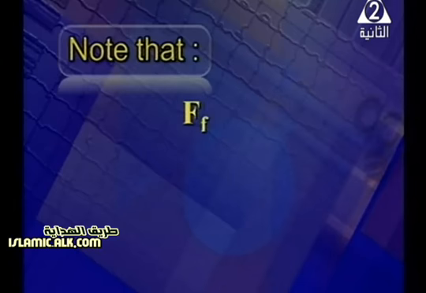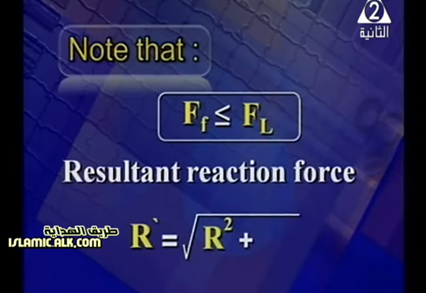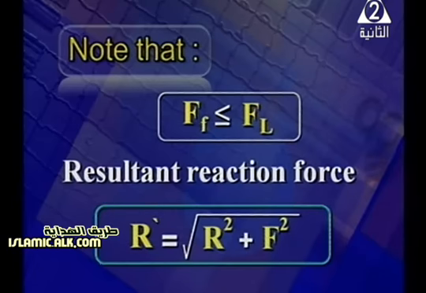Dear student, note that when two bodies or one body is about to move, the friction is more than or equal to the friction force. In this case, we have R dash equals square root of R square plus F square.